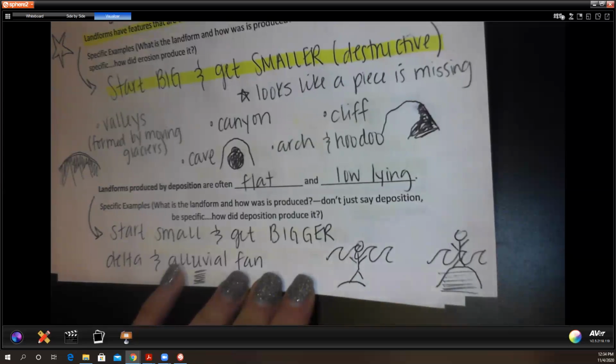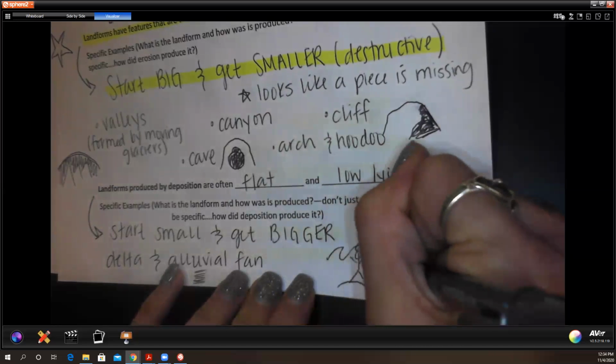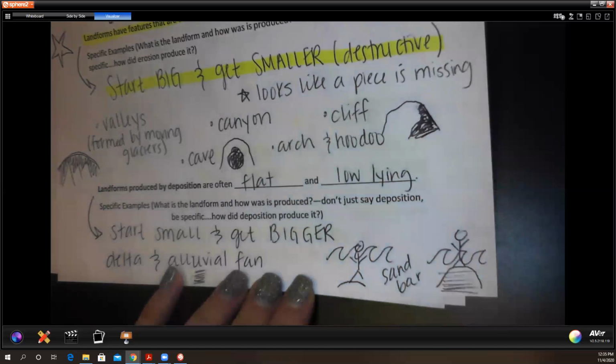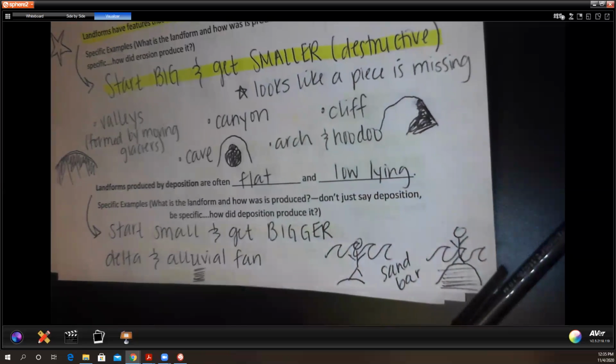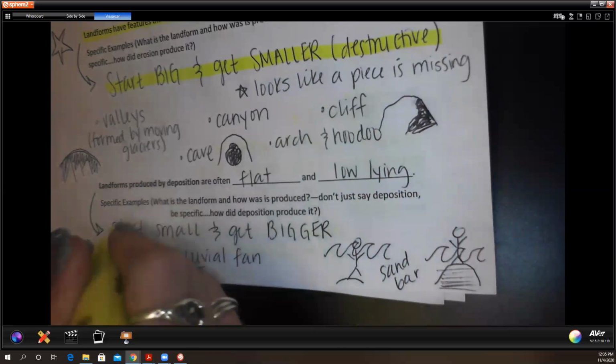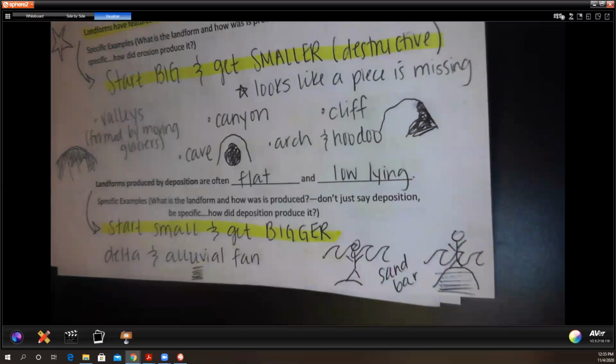Or sometimes you're on top, and then there's just a big drop. Yep, and then you step off, and then there's a big drop. Yes, I love that. A sandbar is depositional because it's all that sand that's being built up.